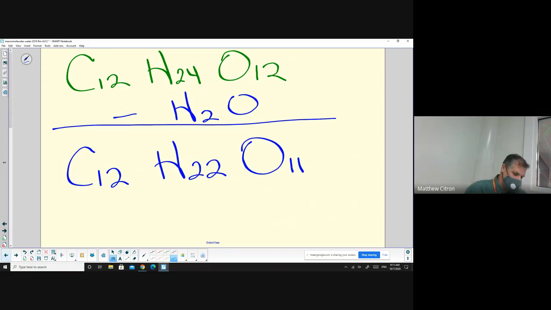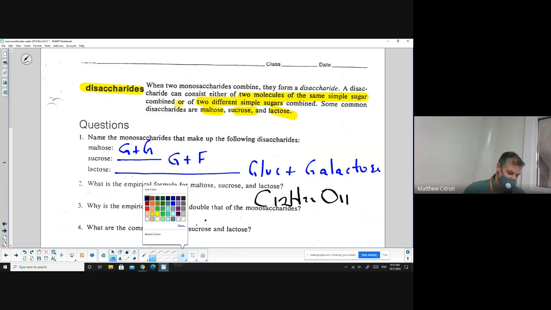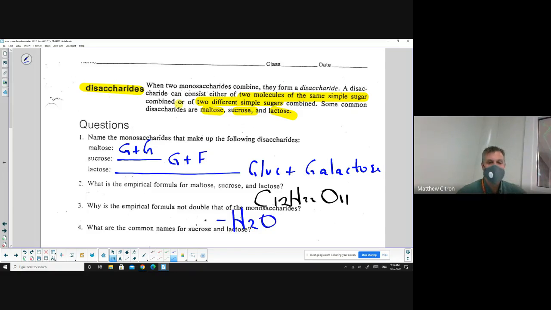So when we go back to our packet, what is the empirical formula for maltose? We know it is C12, H22, O11. And then you say, why is the empirical formula not double? Because what do we have to subtract? We had to subtract the water.